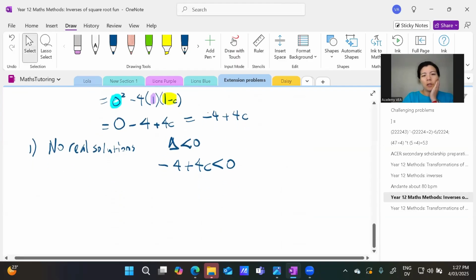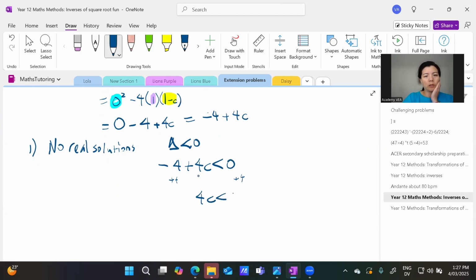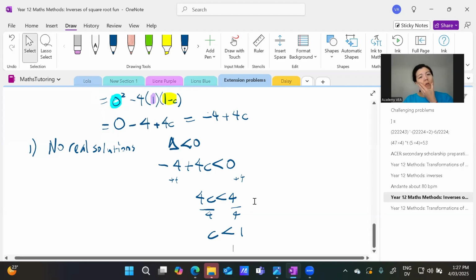And so if we solve for c, we would get 4c less than 4, divide by 4, c is less than 1. And that is sufficient for our answer.